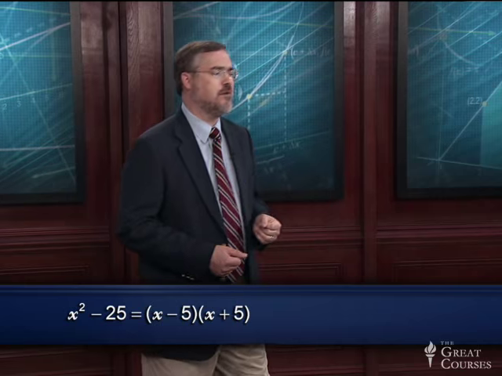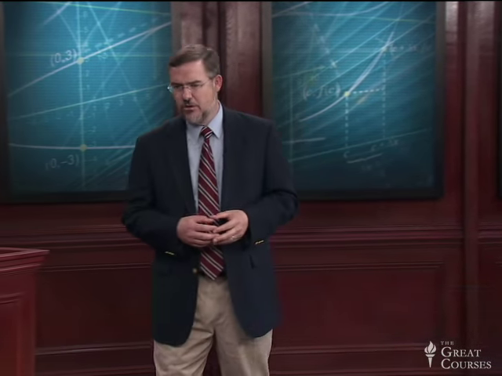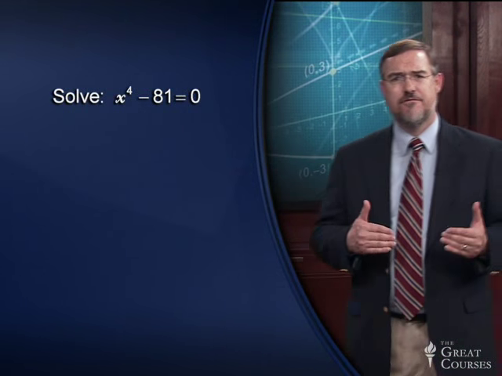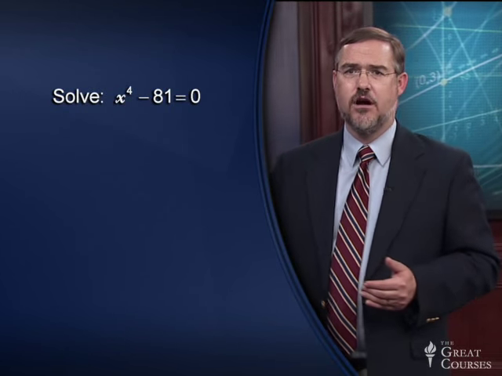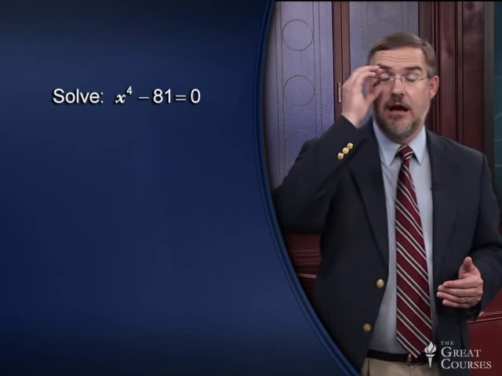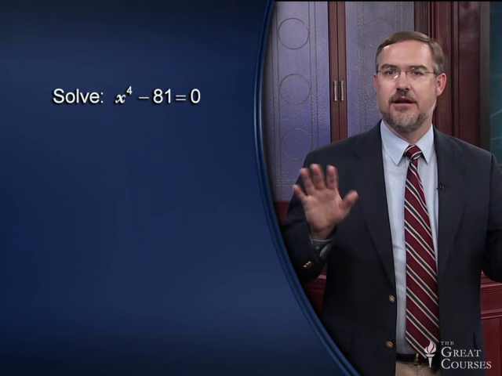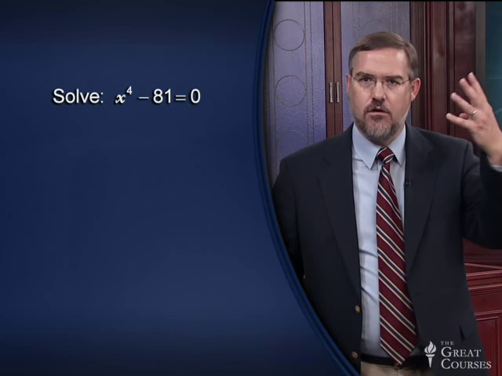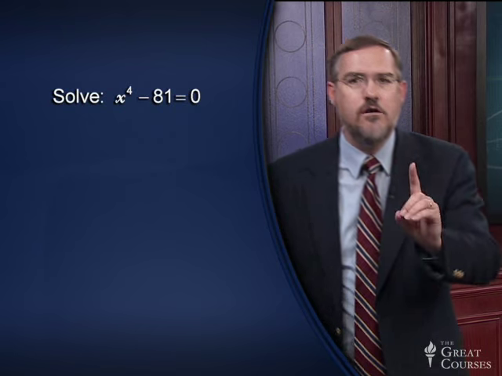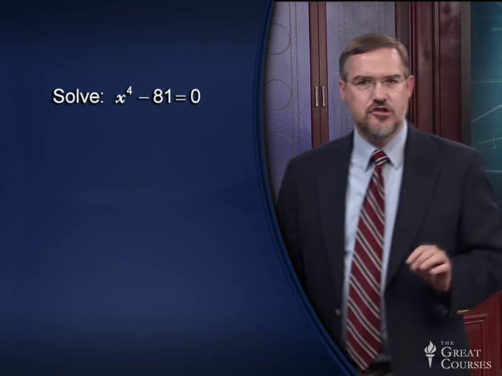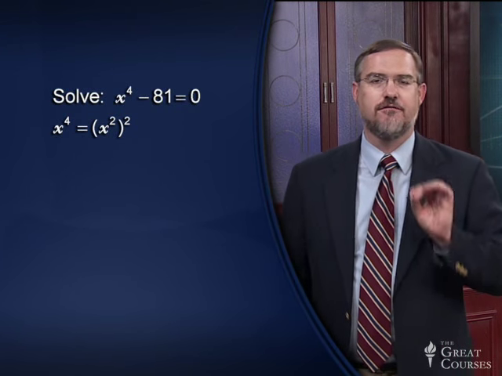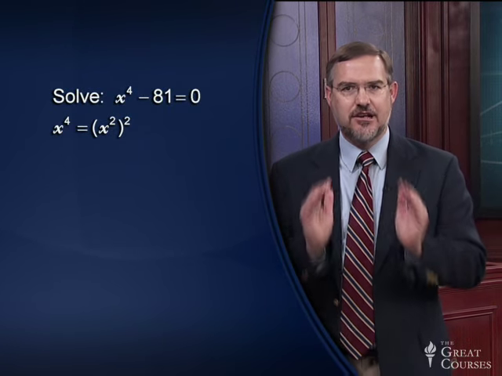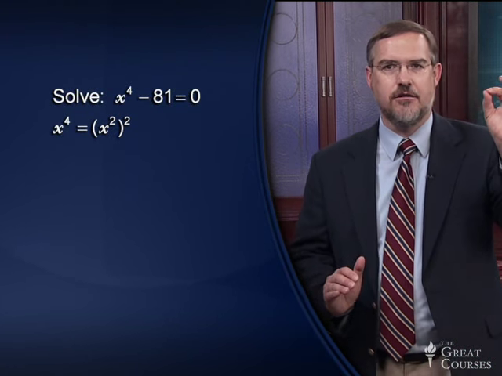Well, let's think about the following example. I want us to solve x to the fourth minus 81 equals 0. Now, your first thought might be, wait a minute, x to the fourth isn't a square, it's a fourth power, it's x raised to the 4. But that's just one way to look at it. I can also think of x raised to the fourth power as x squared squared.